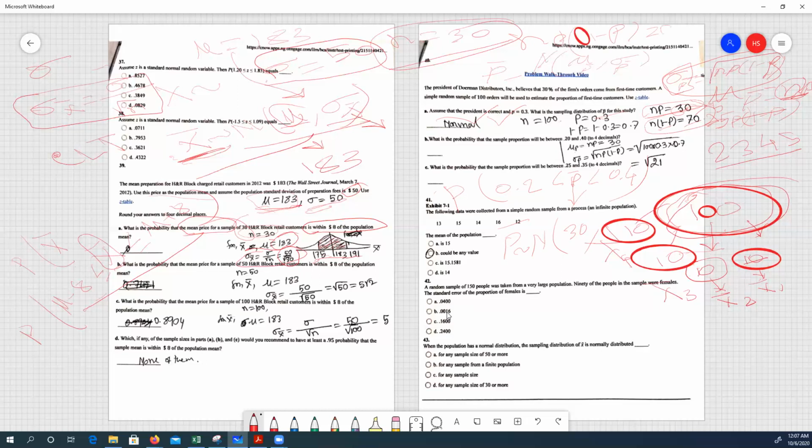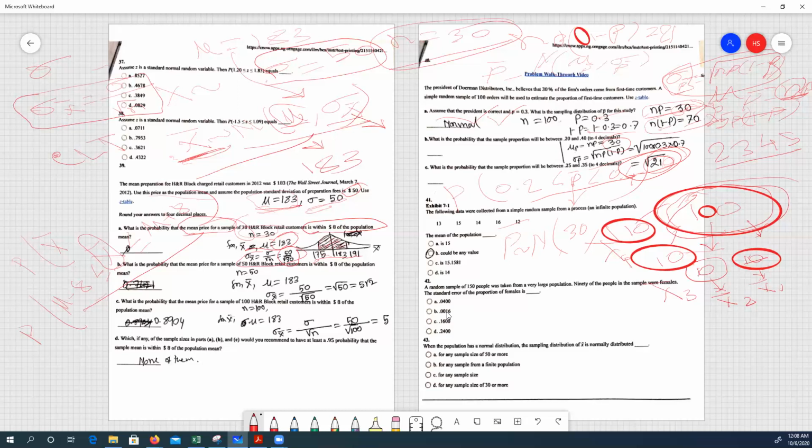That is 21, I think. So the standard deviation is the square root of 21. So you know the mean, you know the standard deviation, and you have to find the probability between these two numbers. You can just use Excel. You already know how to do it.